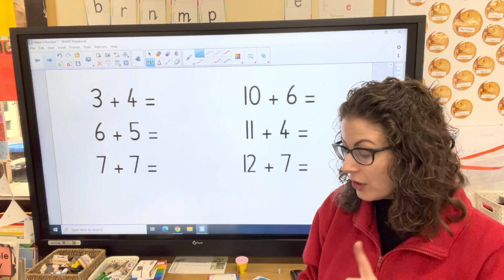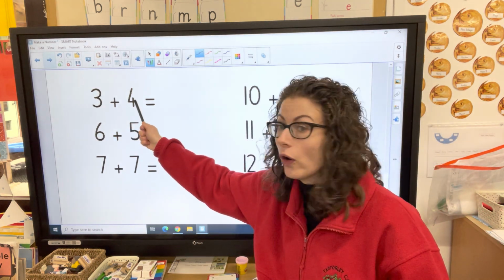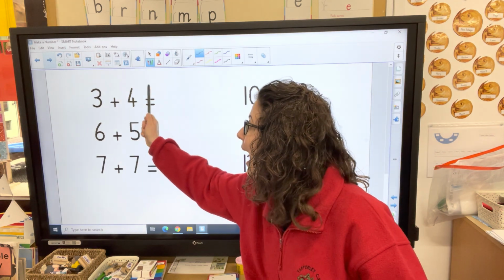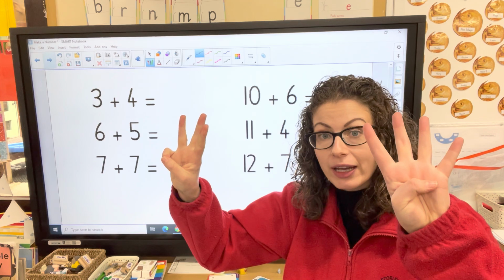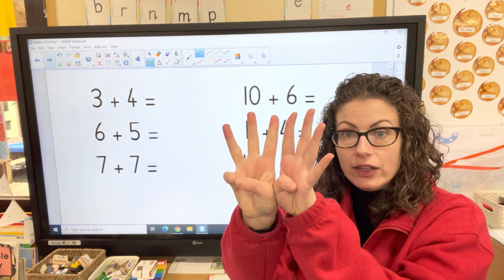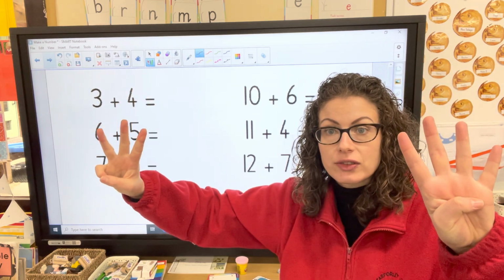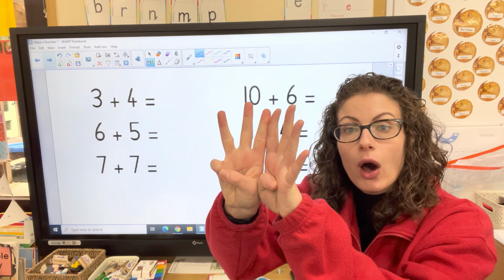Okay, what I need to do is get 3 of something, 4 of something, and find out how many I have if they go from being in 2 piles to being in 1 altogether. So we're taking our 2 parts, a 3 and a 4, and we're turning them into a whole.